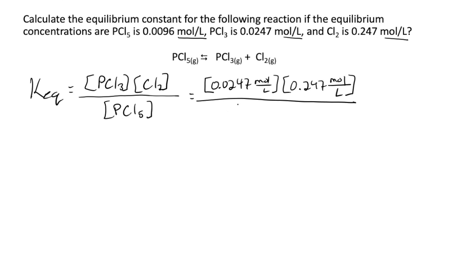And then for PCl5, 0.0096 moles per liter. And this gives an equilibrium constant of 0.64, keeping in mind that our least number of sig figs is 2, so our answer is reported to only 2 sig figs.